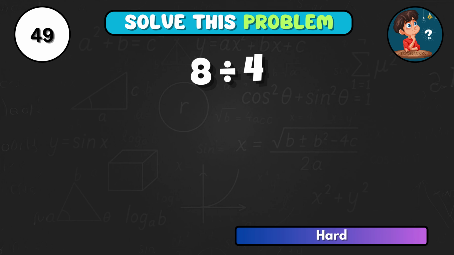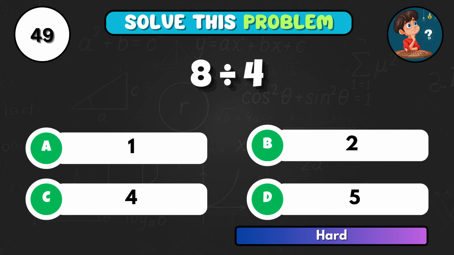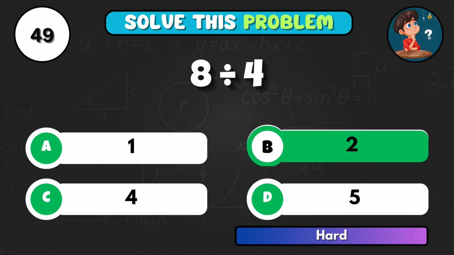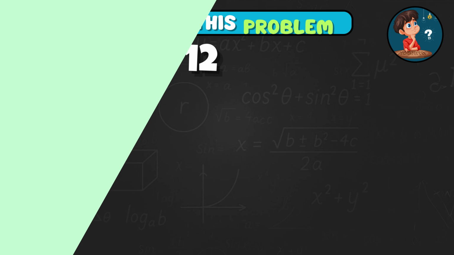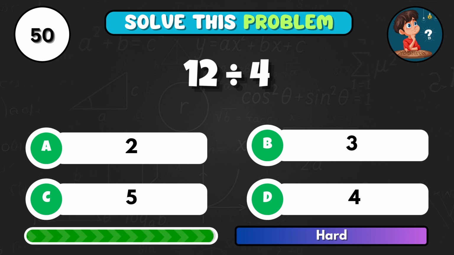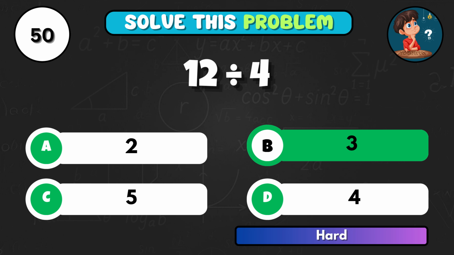Let's try 8 divided by 4. What do you get? The answer is B, 2. And finally, 12 divided by 4, the correct choice is B, 3.